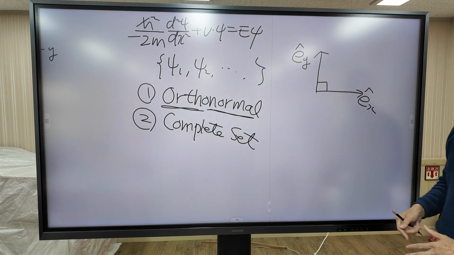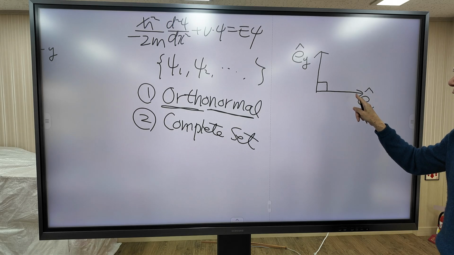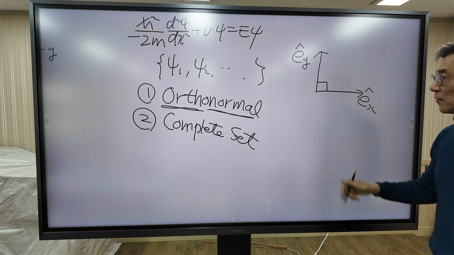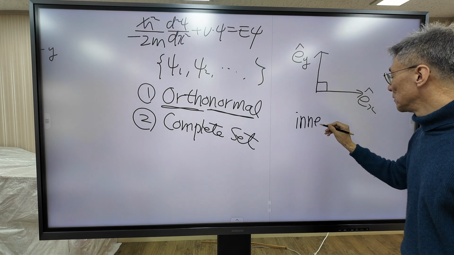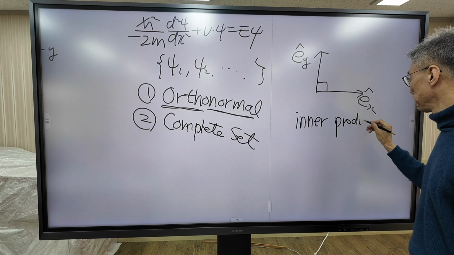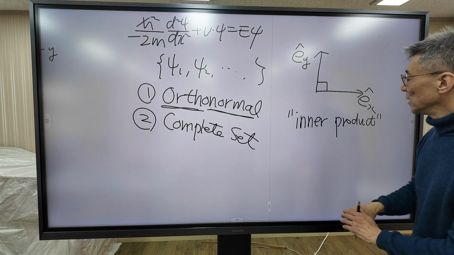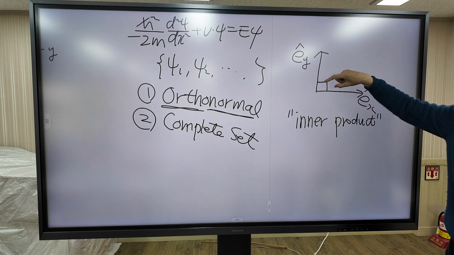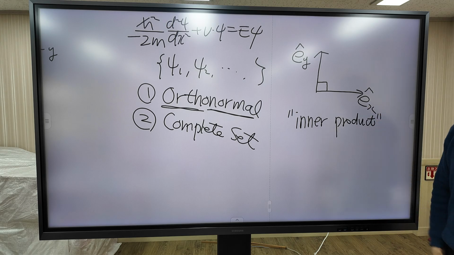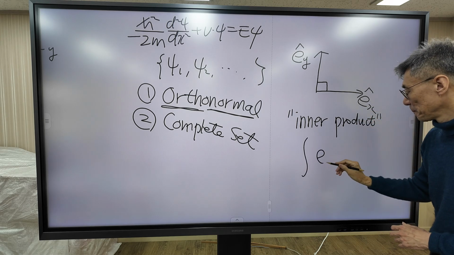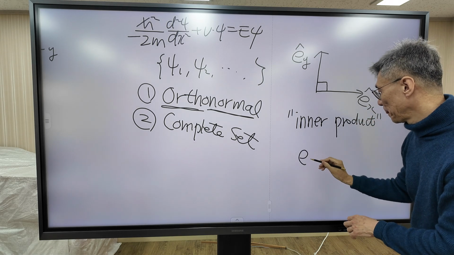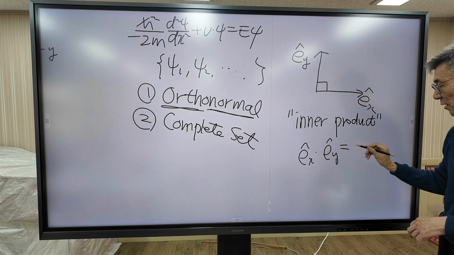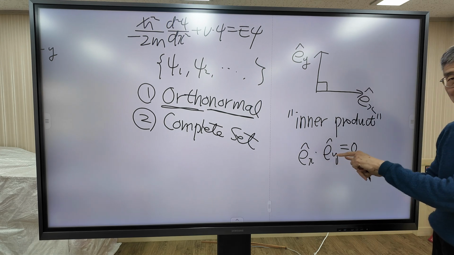Then how can we define this? The length of this vector is 1. How do we know these 2 vectors are perpendicular? Because in vector space we can define the inner product. When the inner product of 2 vectors is equal to 0, it means that the 2 vectors are perpendicular to each other.